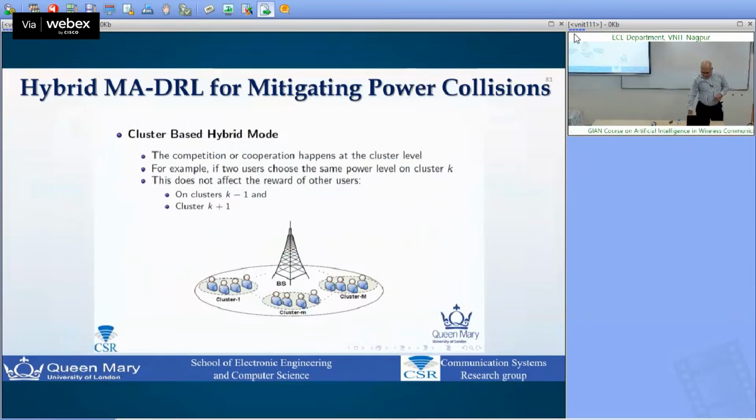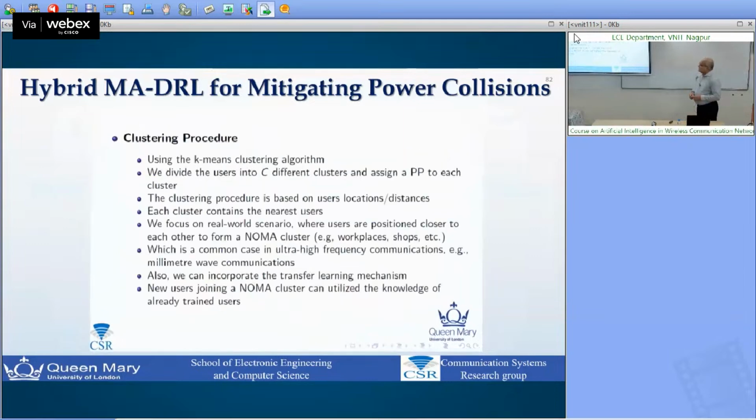So now, clustering. This is like unsupervised learning, so you know the k-means clustering based on the distance. We can group the devices into different clusters, then for each cluster we can assign a power pool.